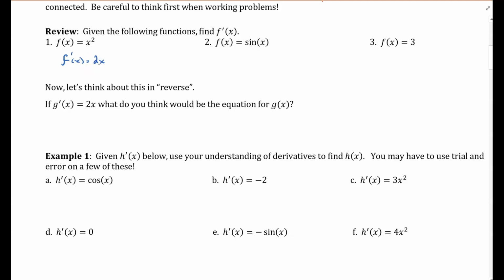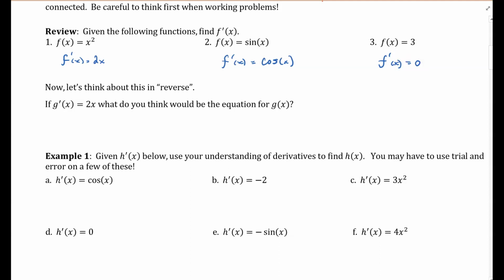That's the simple power rule. F of x is equal to sine of x. Well, then f prime of x, derivative of sine, is cosine of x. And number 3, if f of x is 3, well, the derivative of a constant, we know, is 0.